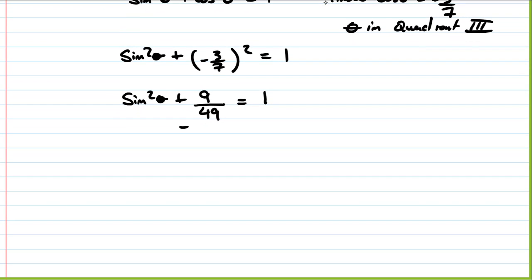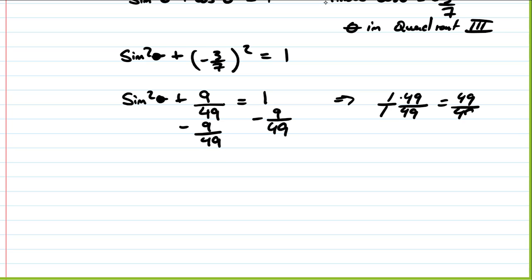So we then subtract 9 over 49 from both sides. 1 over 1 is the same as 49 over 49. So 49 over 49, take away 9 over 49, gives us sine squared theta is equal to 49 take away 9 is 40 over 49.